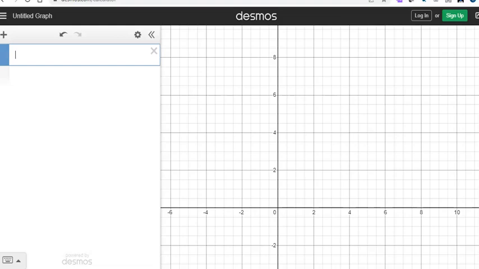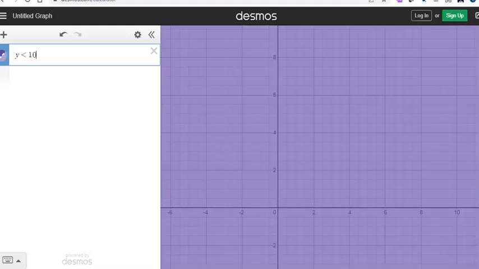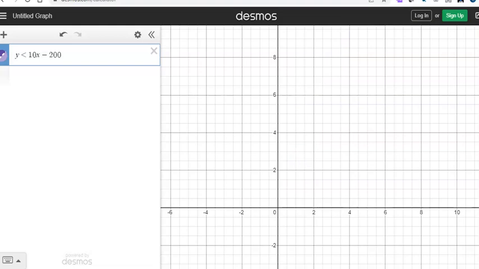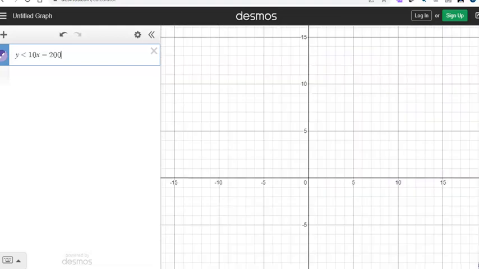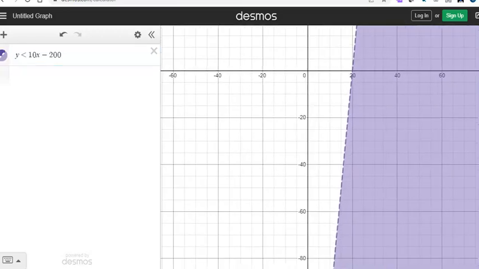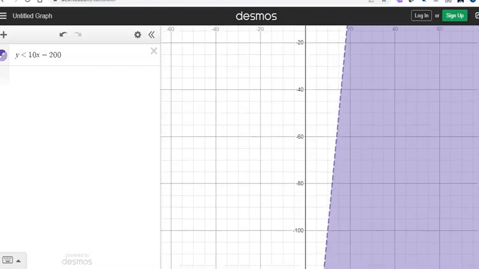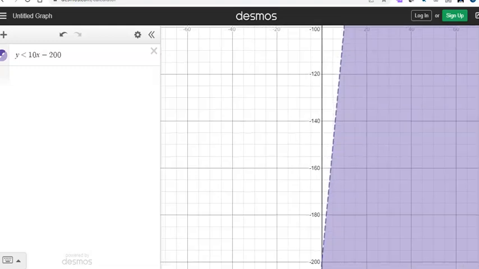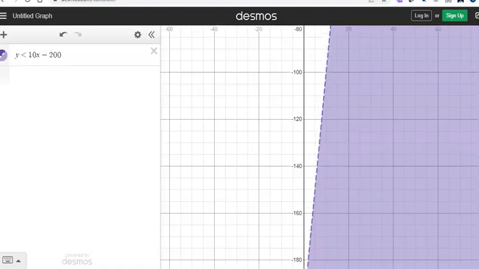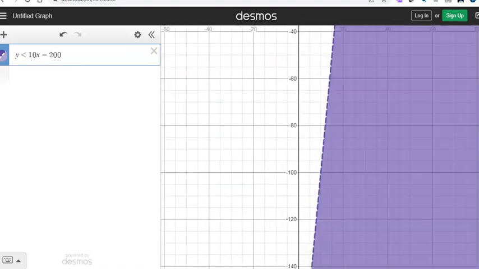All right, if you've unpaused, negative 2y is less than, I know that's going to be a dotted line, 10x minus 200. That's got a y-intercept of negative 200. I can zoom out. It's a very steep line, but negative 200 is the y-intercept.